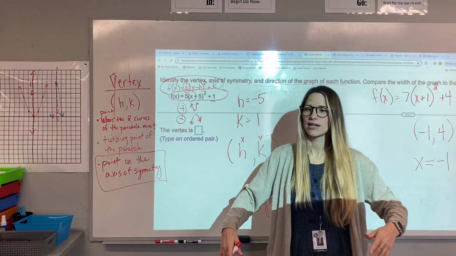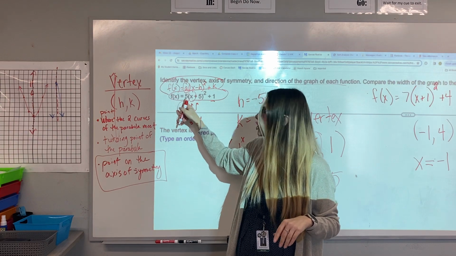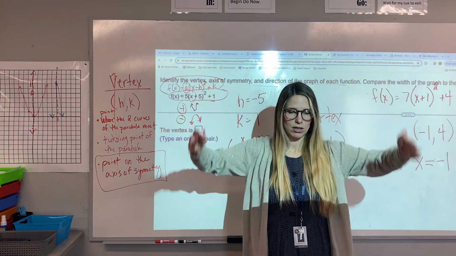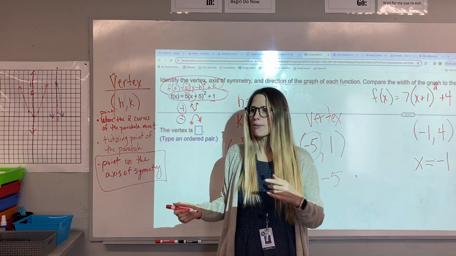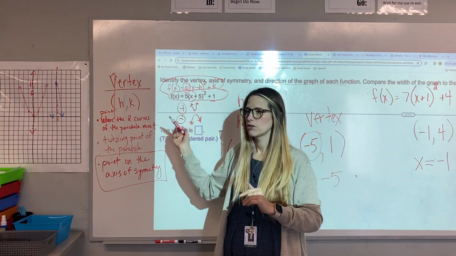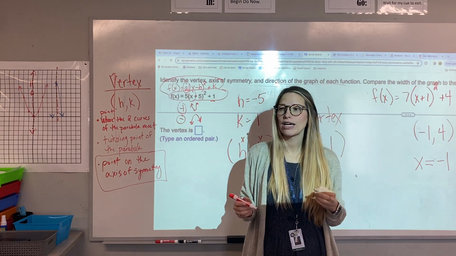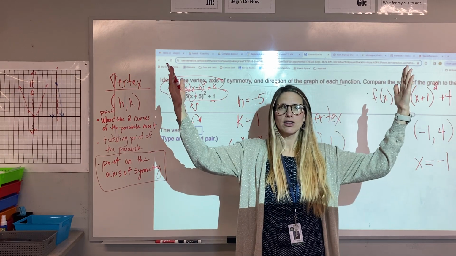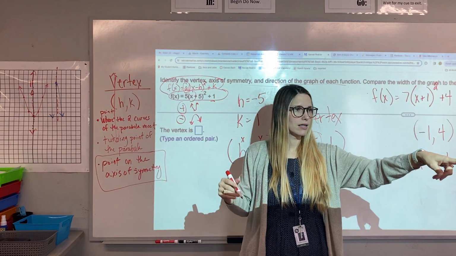A, this number right here, determines your direction by its sign and your width by its absolute value. 5 is greater than 1. When it's greater than 1, does that cause the function to narrow or widen? Narrow.